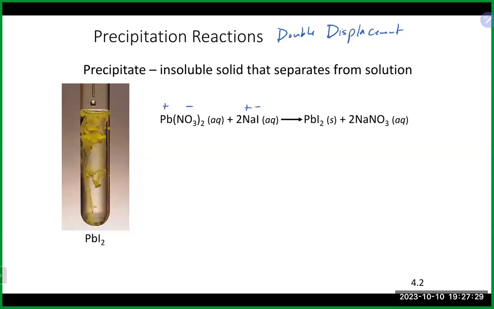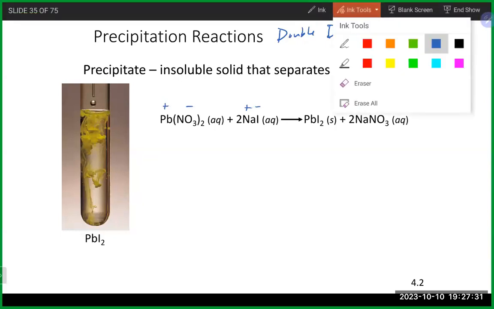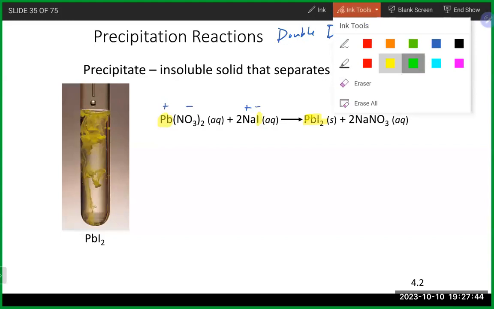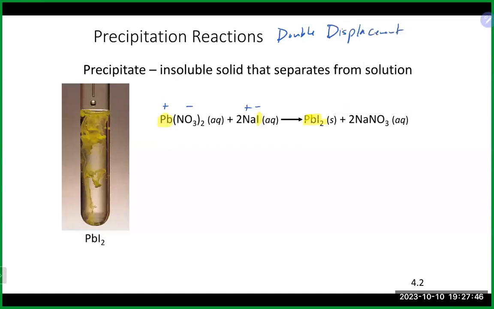And basically what happened is they switched partners. So my lead hooked up with the negative guy over here to make this guy. And then the other two also switched partners as well. My sodium hooked up with my nitrate to make my sodium nitrate. So these two guys got together on the other side.